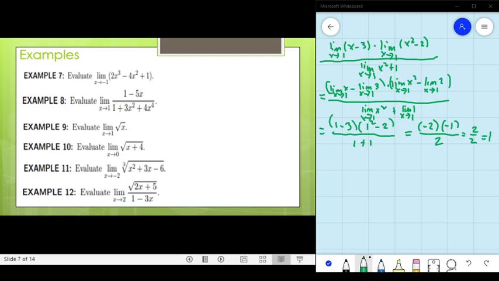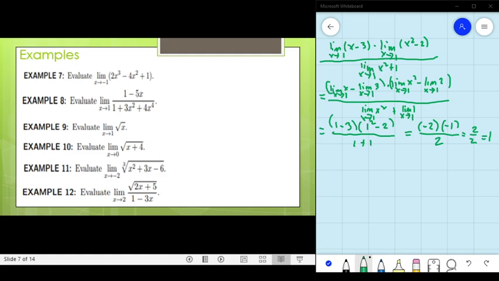Okay, example number 7. We are going to evaluate the limit of 2x cubed minus 4x squared plus 1 as x approaches -1.